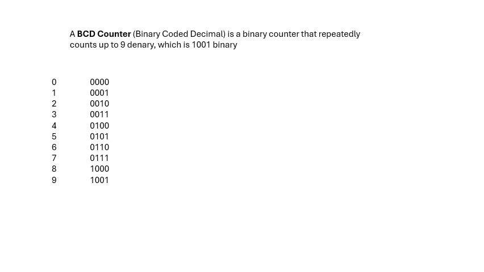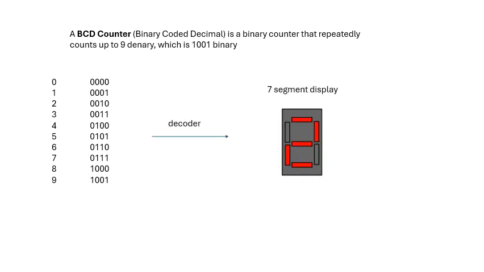One type of counter is a BCD counter, binary coded decimal. Basically all it does is count up to 9 in denary, which is 1001 in binary, and then it goes back to 0 again. So you should actually be able to count up to 9 in binary. And this is very useful for driving these things.